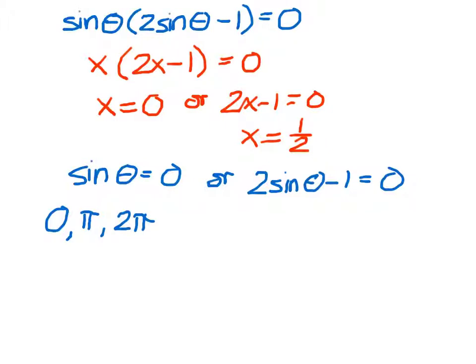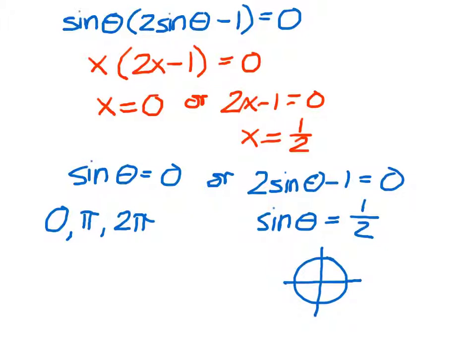Now on the right hand side, I need to again use a little bit of algebra. So I'm going to have sine theta eventually equals 1/2. And here I need to use working angles. So I can set up a unit circle really quickly. I'll just sketch this one out. And because I have a positive sine, I know that my answers are going to be in the first and second quadrant.